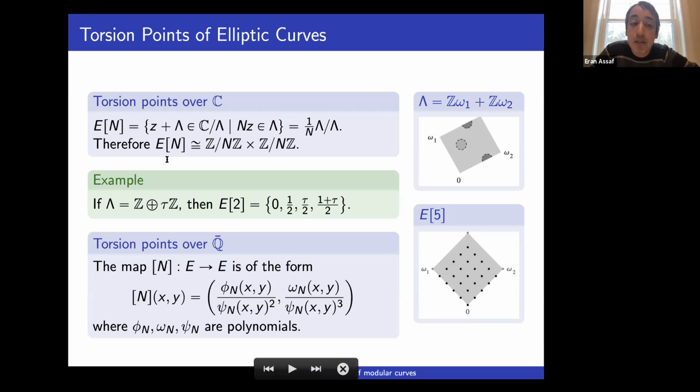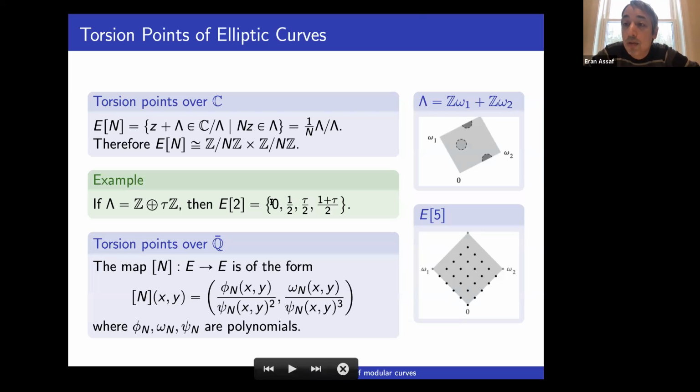So here's an example. If we have some lattice of the form Z plus tau Z, where tau is some complex number, then the two torsion points will have the structure of Z mod 2 cross Z mod 2. And they will just be given by 0, 1/2, tau over 2, and (1 plus tau) over 2. These are all the half points of the lattice.